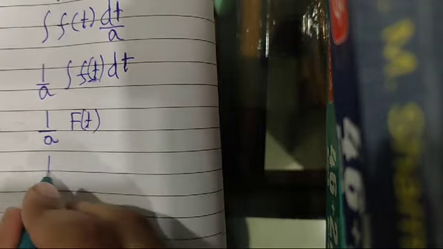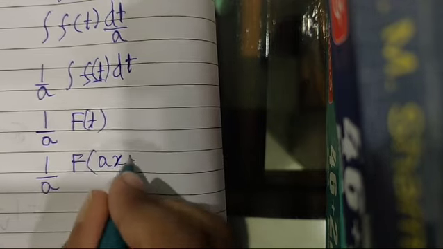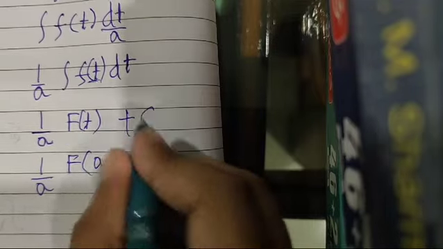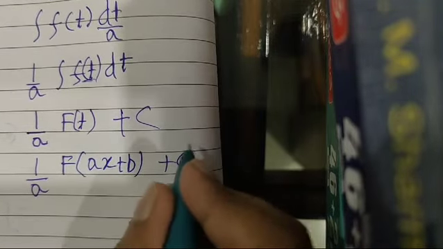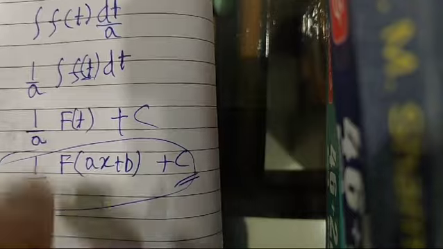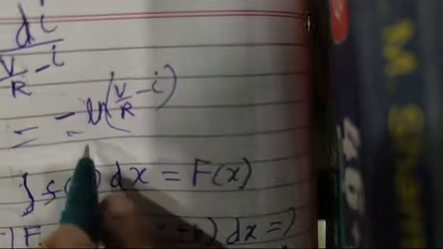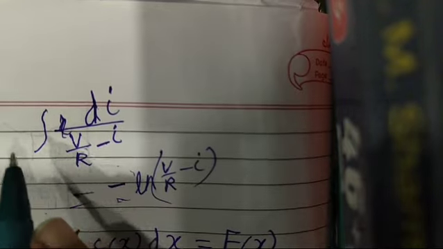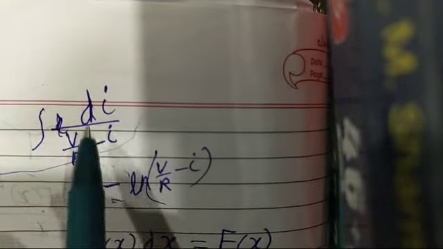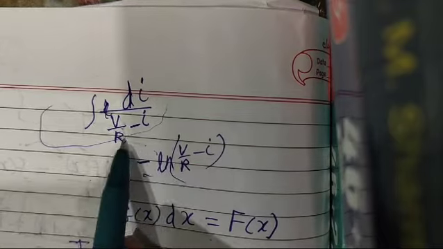Now what have I assumed t to be? I have assumed t as ax plus b. Obviously plus c will come, and that is how we have multiplied. You can see the very first example that I did. This is not actually an example, I was just saying.